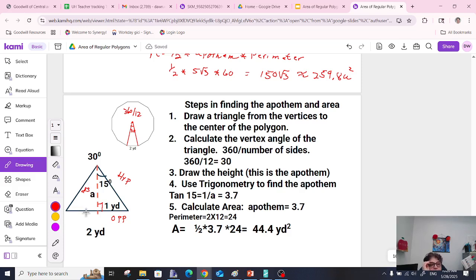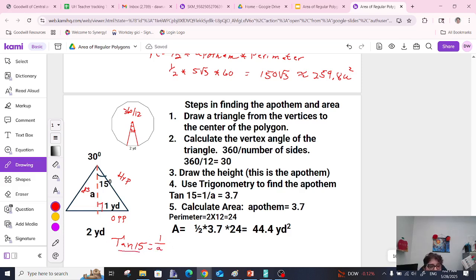Okay. Well, which trig function uses opposite and adjacent? Tangent. So I would set this up as tangent 15 degrees is equal to opposite, which is 1, over apothem or adjacent, which I'll just call A for the apothem.